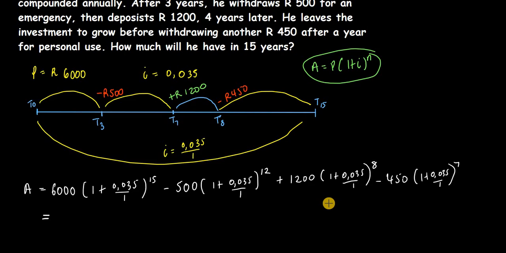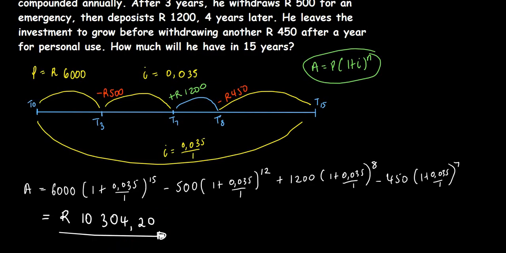So if you do that, what should you get? The final answer that I'm getting is 10,304.20. So that is the amount of money he's going to get in the midst of withdrawing and depositing.